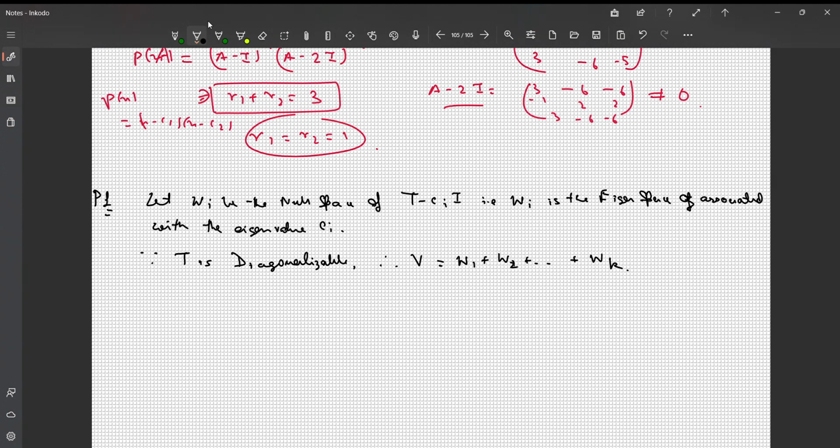So V can be written as a sum of these eigenspaces. That's what we actually do. So therefore, if alpha is in V, there exist elements beta 1, beta 2 till beta k from W1, W2, Wk respectively, such that alpha can be written as beta 1 plus beta 2 and so on till beta k.